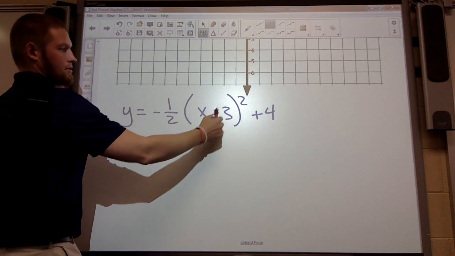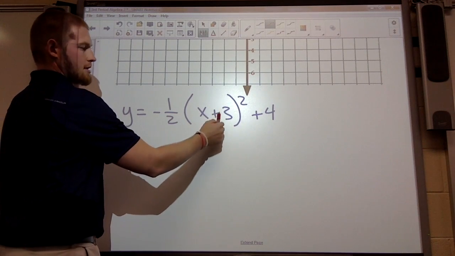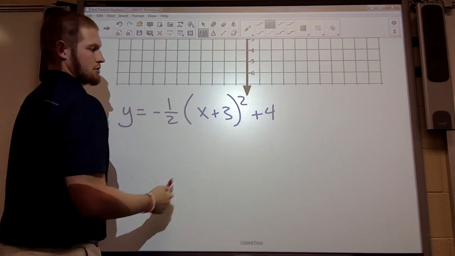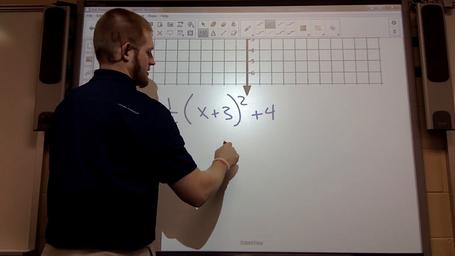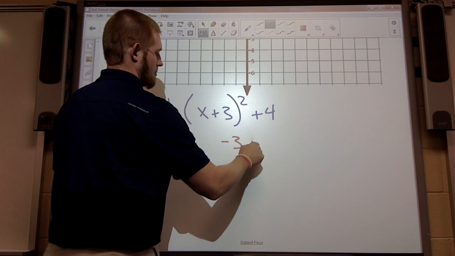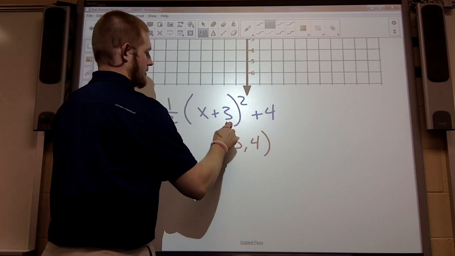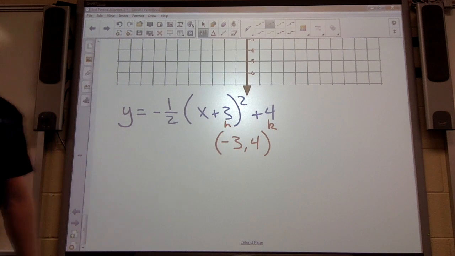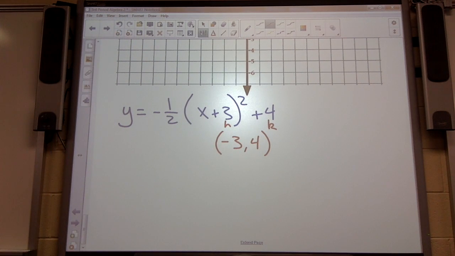Be careful, and this should be a minus sign. Since it's a plus sign here, this h is actually a negative 3. So I should have negative 3, comma, 4. H, k. Okay, should have negative 3, comma, 4.